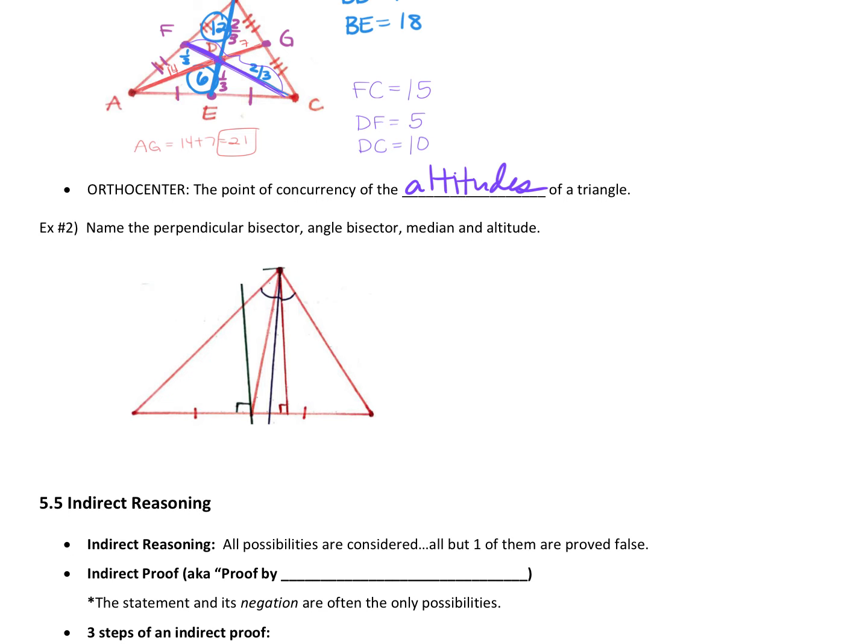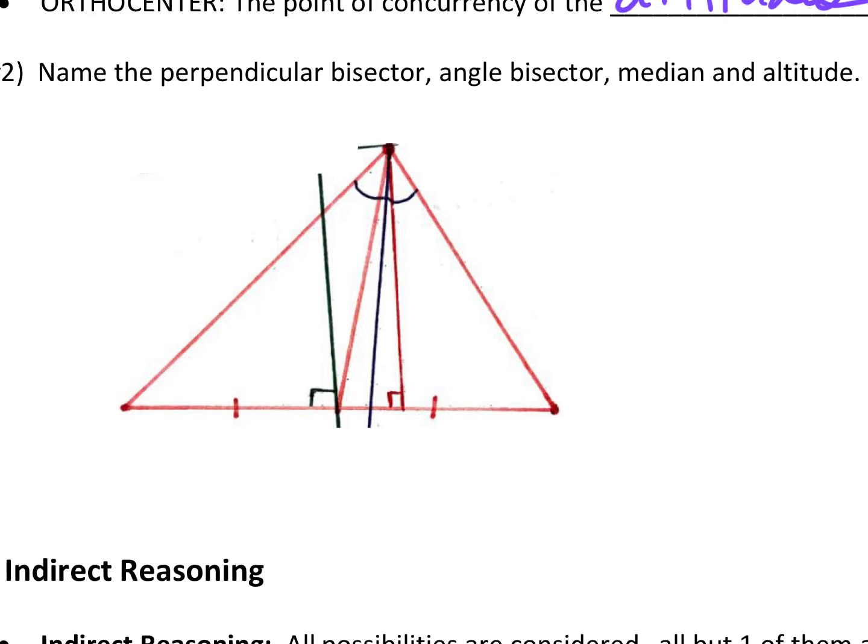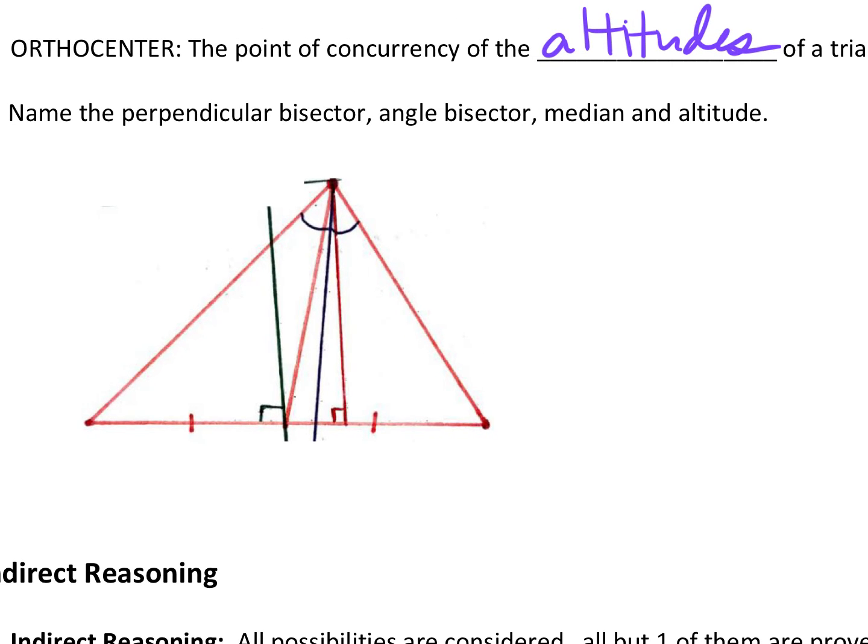But what you do need to be able to do is take a look at a picture and be able to tell me which one's a perpendicular bisector, which one's an angle bisector, which one's a median, and which one is an altitude. Okay, so I'm going to color code. They're color coded on there originally, but I'm going to switch colors so I can mark them for you.